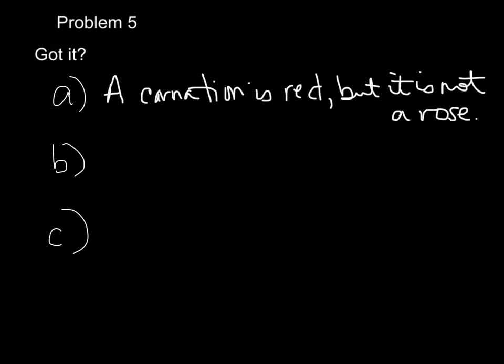B, one and only one plane exists through any 3 points. Well, we can say when 3 points are collinear, that's a vocab word. Remember, that's when they lie on the same plane, or lie on the same line.